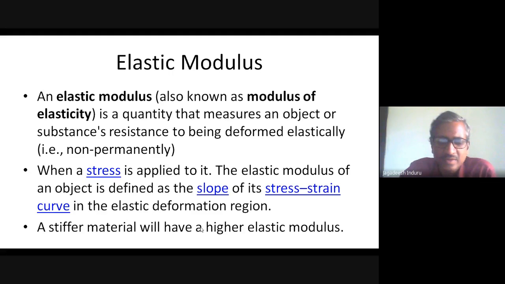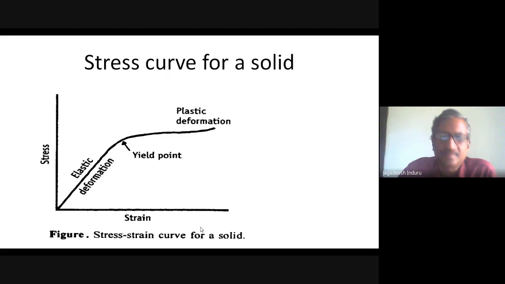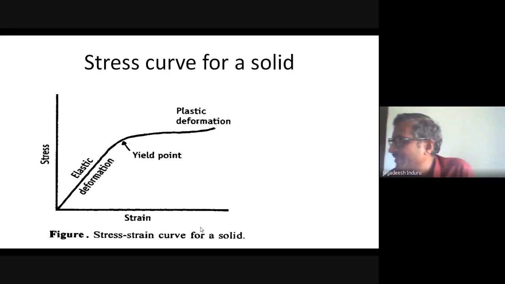Now the question comes: how do we deal with this issue? In this case, we need to remember the stress curve for a solid. In this particular diagram, you are going to have two axes, the y-axis and the x-axis. On the x-axis you take the strain, and the material undergoes stress when you apply strain onto the powder.